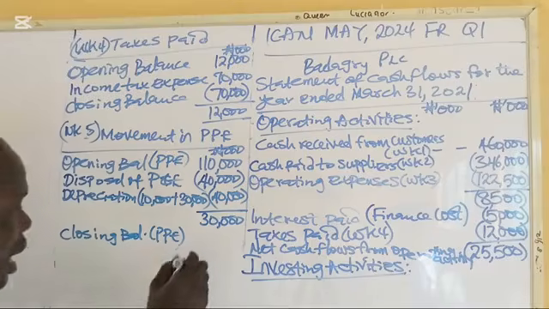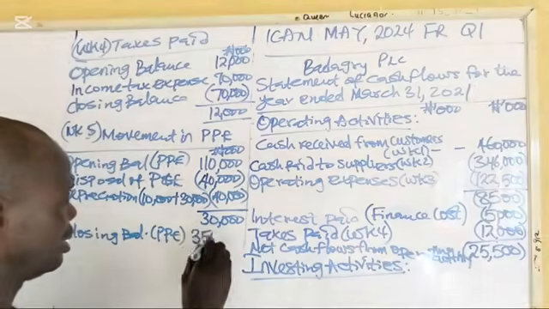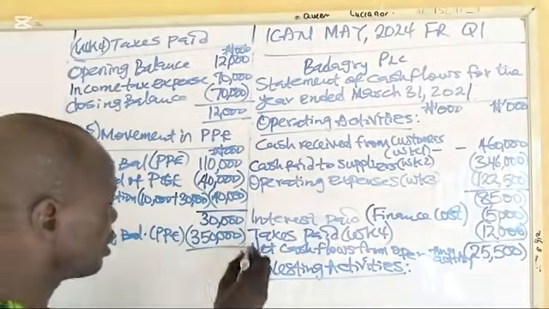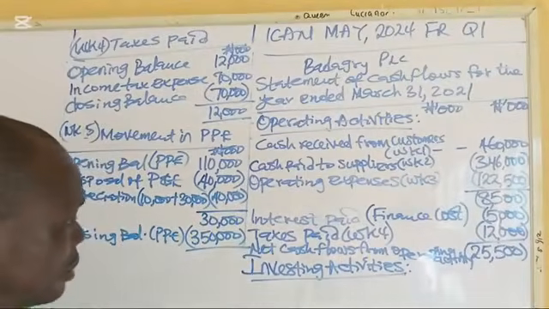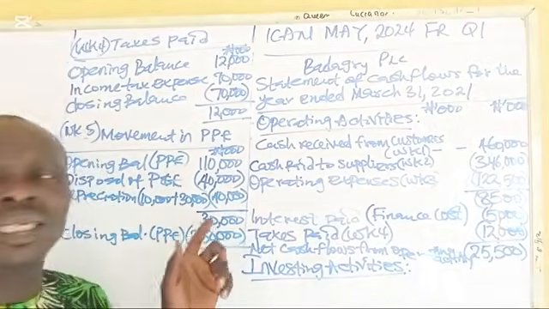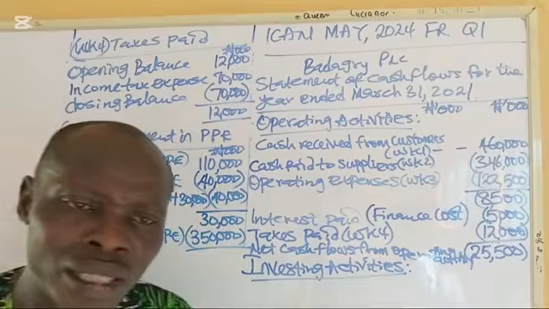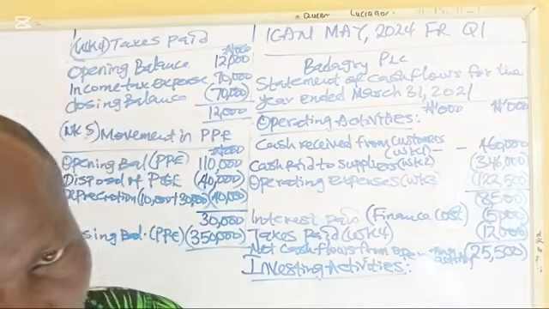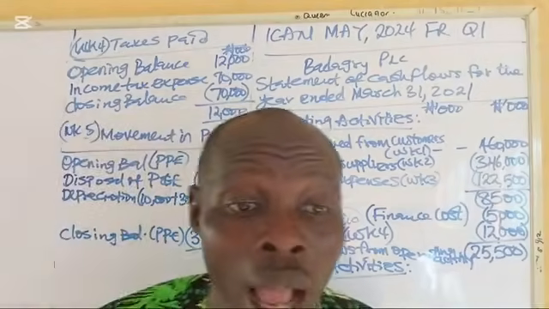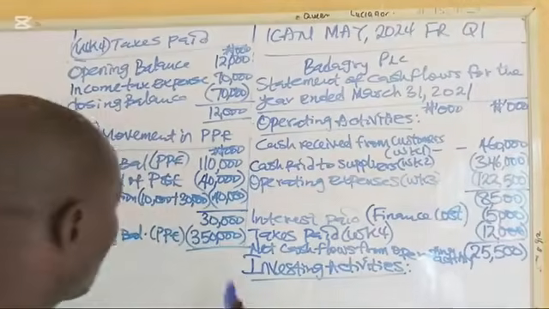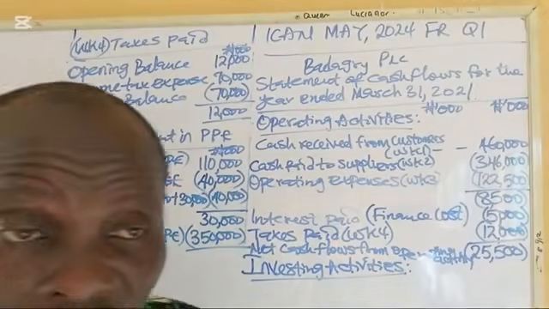Okay. Now, this is extremely big. Look at the closing balance. It's larger than the 30 million you have. Your closing balance is supposed to be 30 million, but it appears to be enormously bigger than the 30 million you have there.